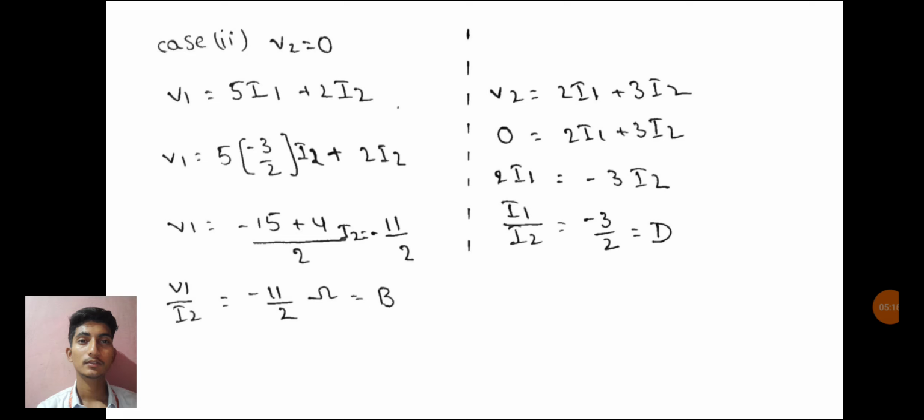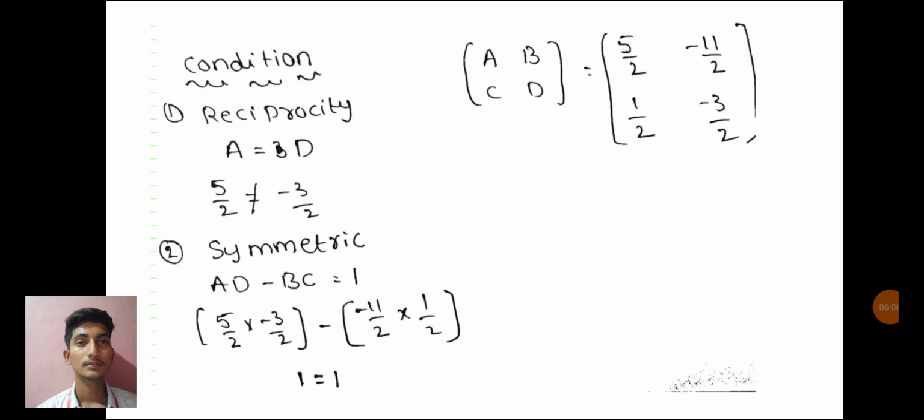From the second loop, V2 equals 2I1 plus 3I2, so 0 equals 2I1 plus 3I2, 2I1 equals minus 3I2, and I1 by I2 equals minus 3 by 2, which is D. From loop 1, V1 equals 5 into minus 3 by 2 I2 plus 2I2, which is minus 15 by 2 plus 4 by 2, equals minus 11 by 2. So V1 by I2 equals minus 11 by 2. That's B.